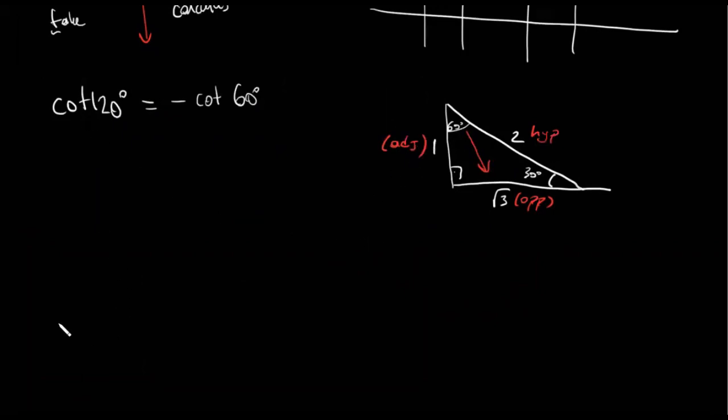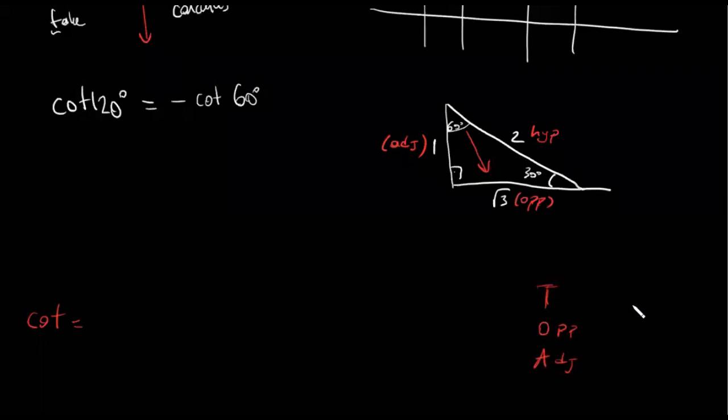What is cotangent? Cotangent is 1 over tangent. So what is tangent? Cotangent is the reciprocal of tangent. Tangent is, you know, TOA, opposite over adjacent, right? Opposite over adjacent is tangent.